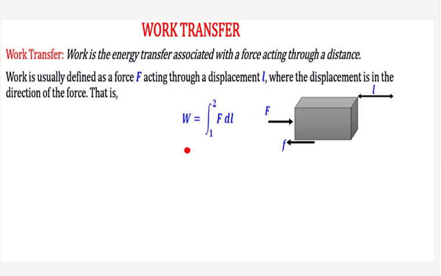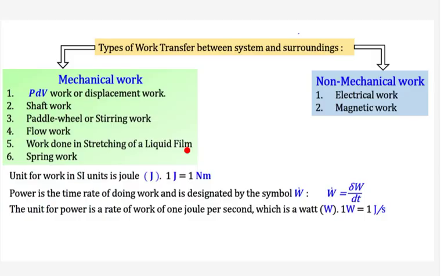Next, there are different types of work transfer between system and surrounding. Work transfer will always be from system to surrounding or surrounding to system.